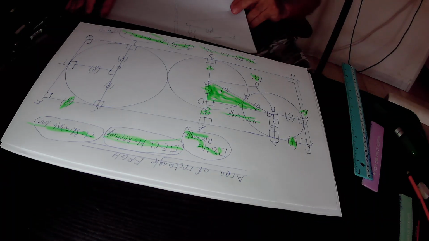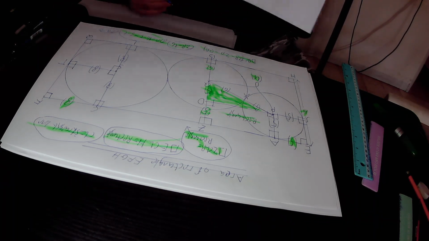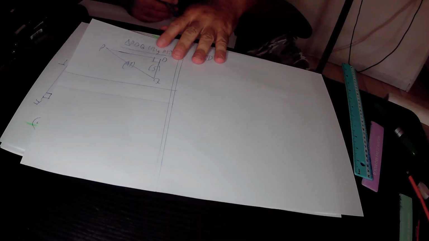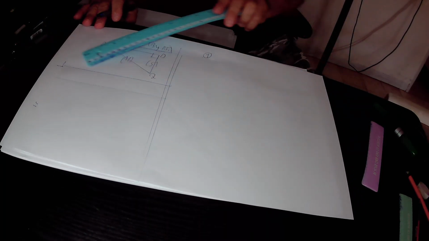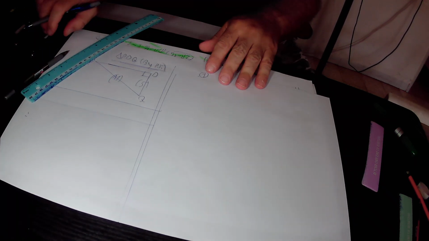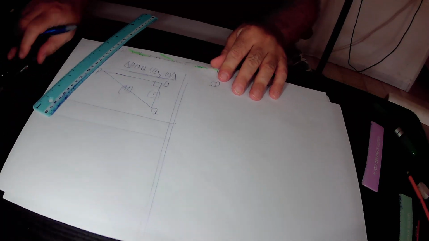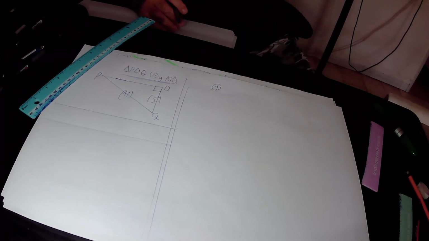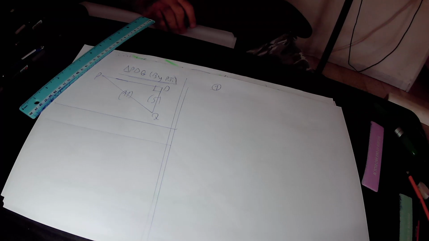So actually, this is the right green triangle PDQ, according to the original drawing. In this right triangle PDQ, according to the Pythagoras theorem, PQ squared, that is the square of the hypotenuse, equals PD squared plus DQ squared.